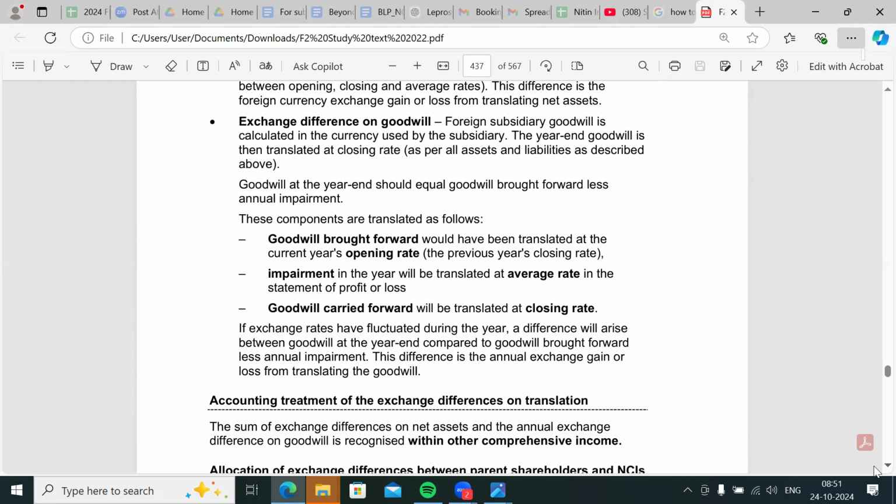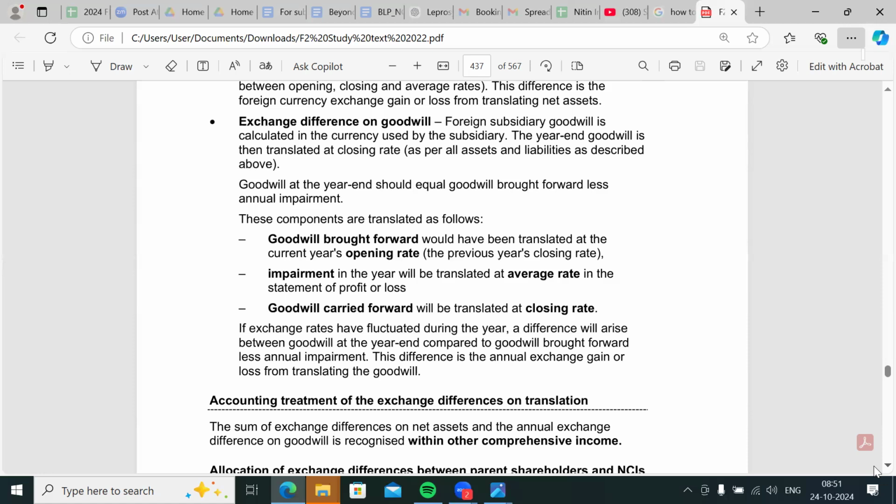If exchange rates have fluctuated during the year, a difference will arise between goodwill at the year end compared to goodwill brought forward, less annual impairment. This difference is the annual exchange gain or loss from translating the goodwill.